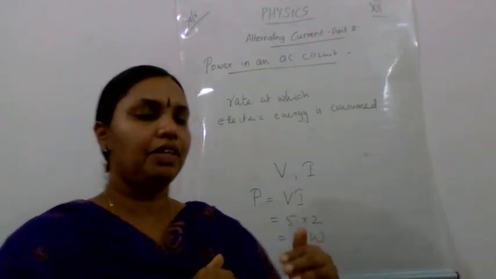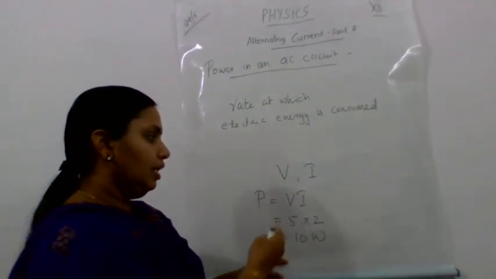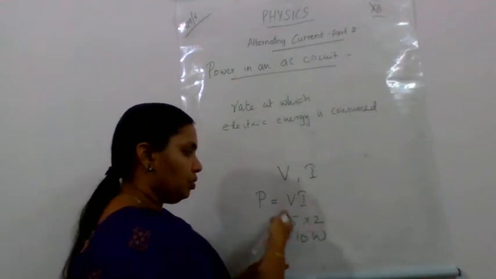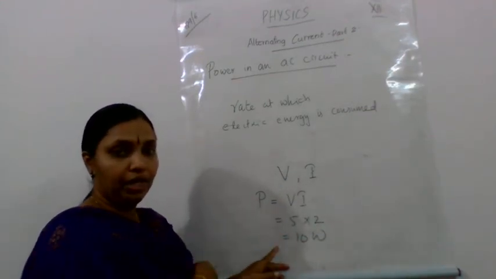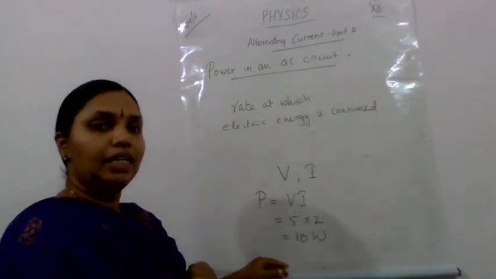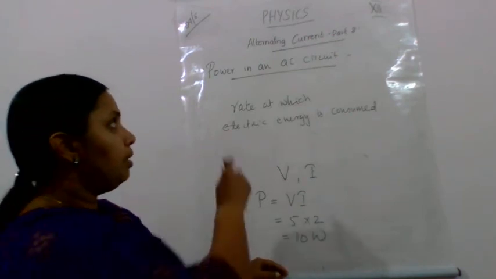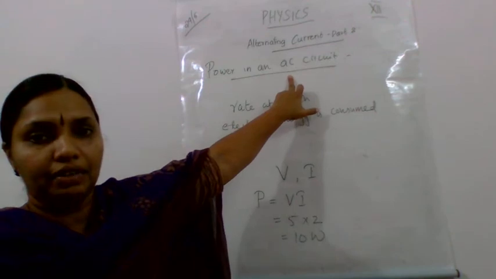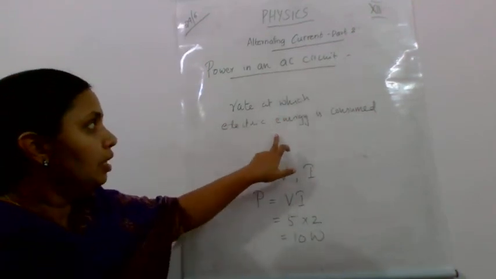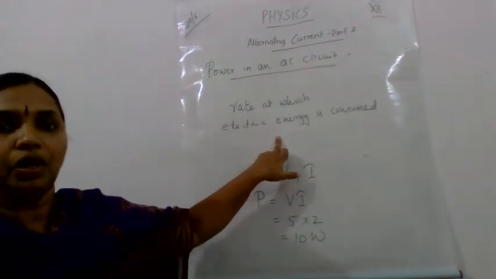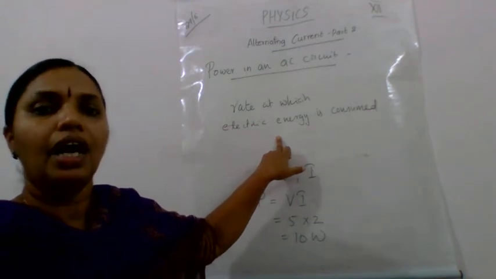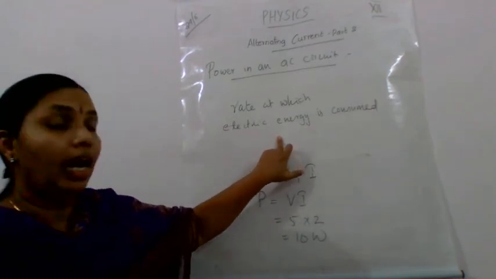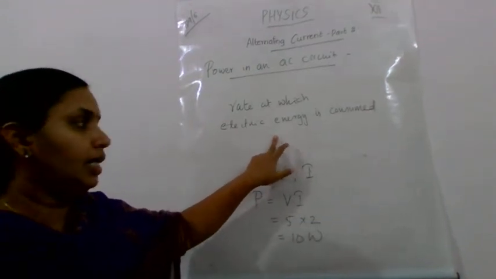What is the difference between DC and AC? In DC, it is direct substitution; we can calculate the power consumed by the DC circuit. But in AC, it is instantaneously varying, sinusoidally varying. So how much will be the instantaneous power and how much will be the average power over a complete cycle?